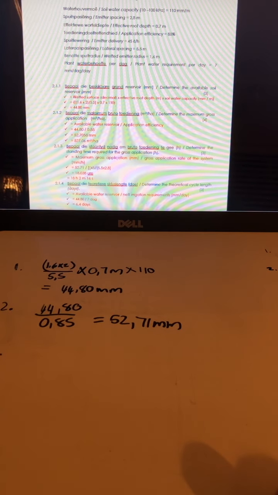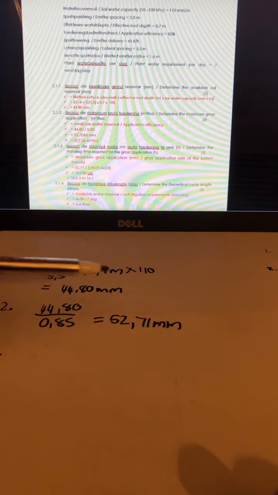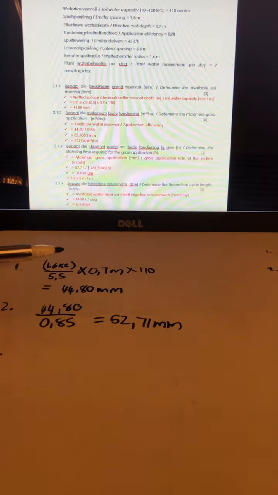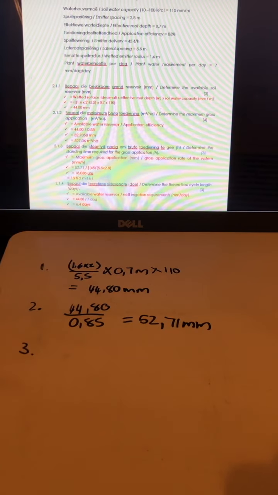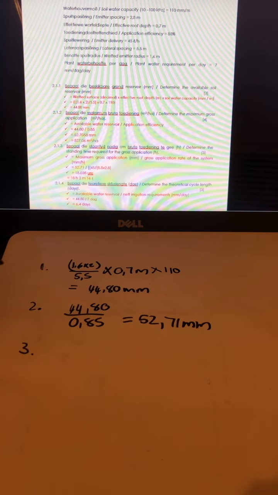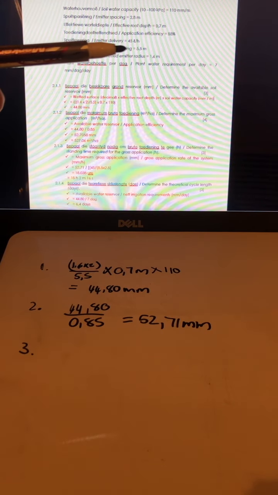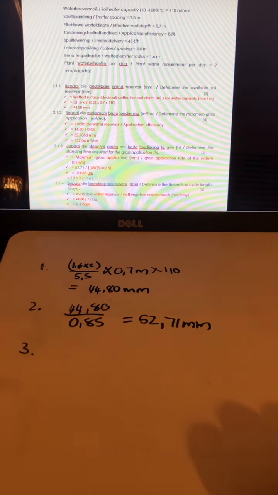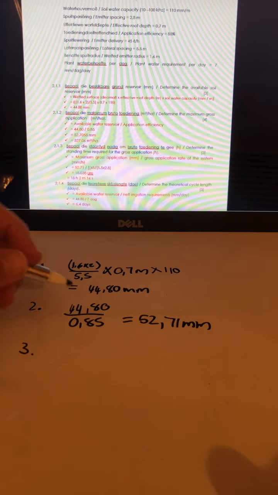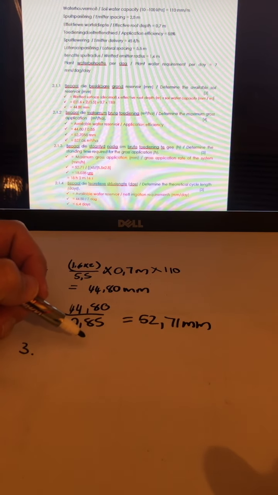Then number 3, the standing time. How long is it going to take you to apply this amount of water? If you look at the top area, you'll see something very important is your emitter delivery. This will tell you how much water your system is able to deliver per hour, and that's 45 liters per hour.